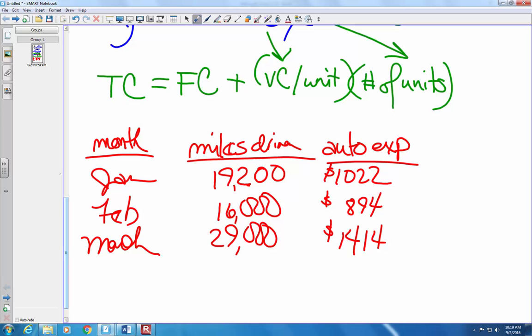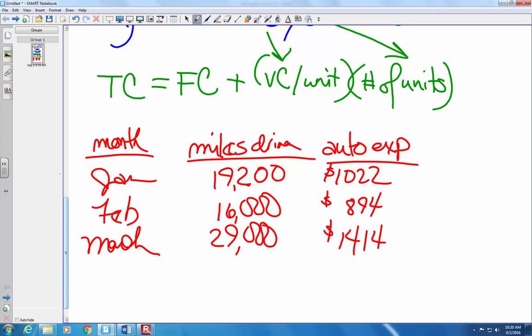Can you prove to me that it's not variable? How do variable costs behave? They're the same per unit if they go up in volume, for the amount of miles we've driven. But they remain constant per unit of activity driver, right? Can you prove to me whether or not this is variable? Okay, so do it.